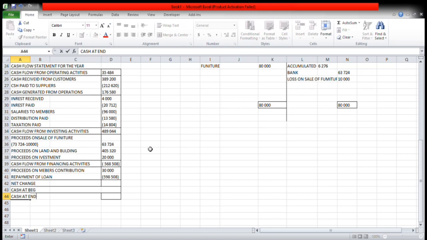In order for us to determine the net change, let's go and check the additional information.